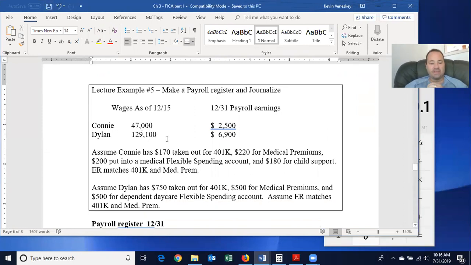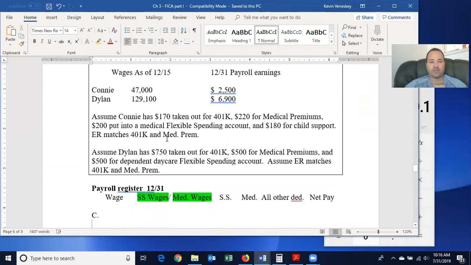Okay, so using these amounts, I want you to go through and determine, so we're going to look down here at the payroll register. Connie, her wages are $6,900. But for Social Security, she isn't going to pay on $6,900 because she hits the cap, but she also has some money taken out for different things.